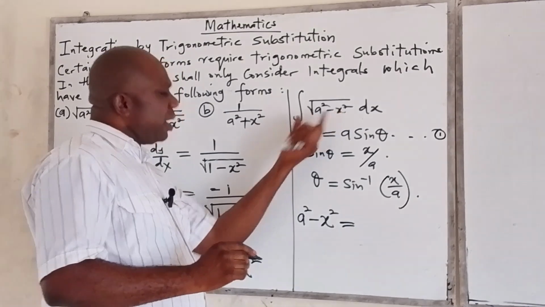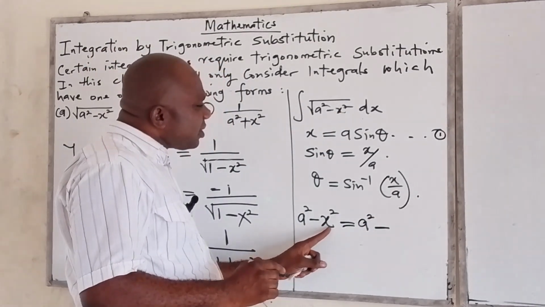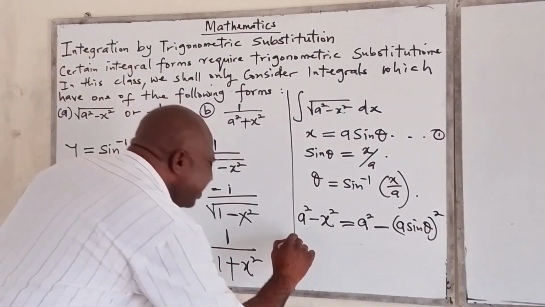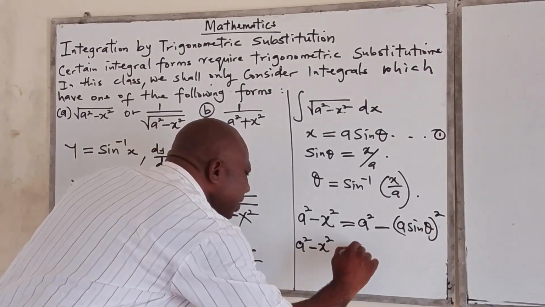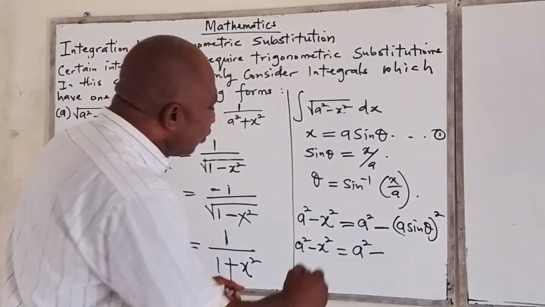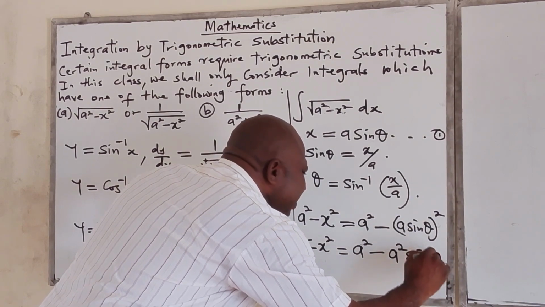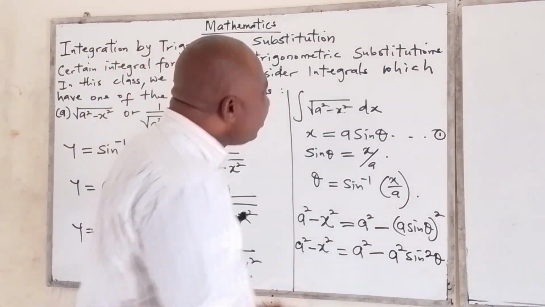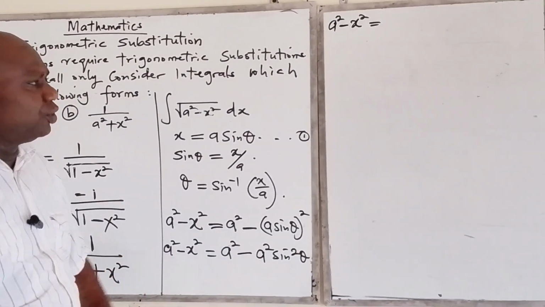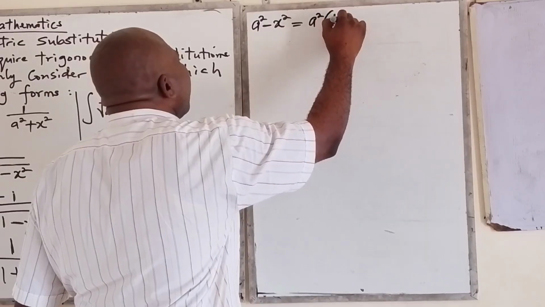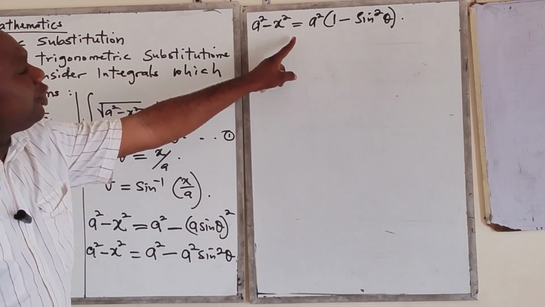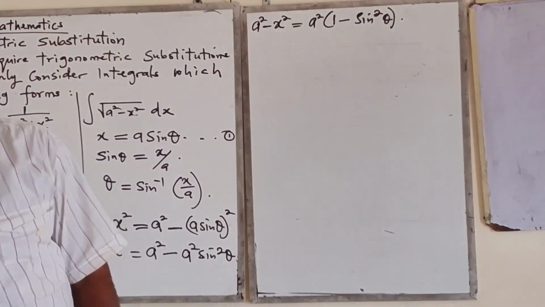It becomes a squared minus a sine theta all squared, which is the same thing as a sine theta times another a sine theta. That will give us a squared sine squared theta. So a squared minus x squared will be equal to a squared minus a squared sine squared theta. Here a squared is common, so we'll have a squared in brackets 1 minus sine squared theta.